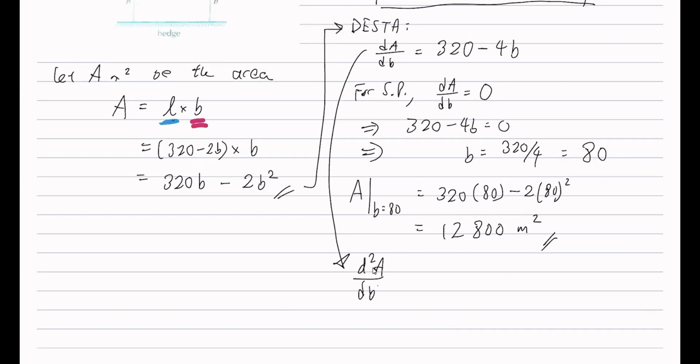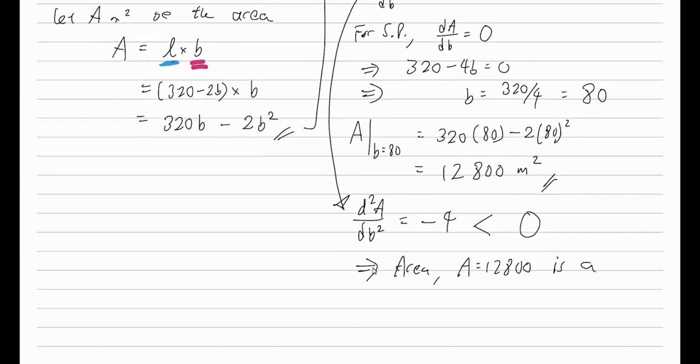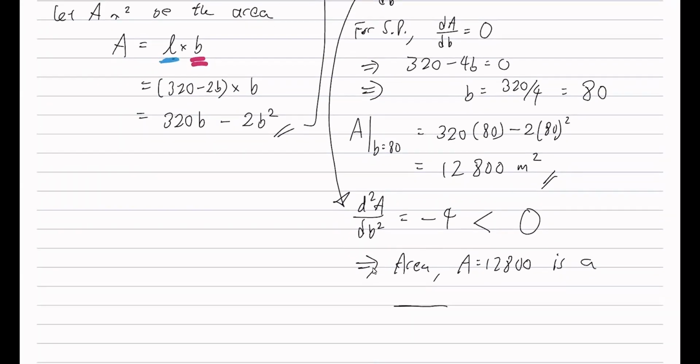This time, instead of dA by dB, you find d2A by dB squared, which is what? Minus 4, right? Less than 0. So the conclusion is: max or min? It is a max point. Maximum area. Less than 0, maximum, opposite.